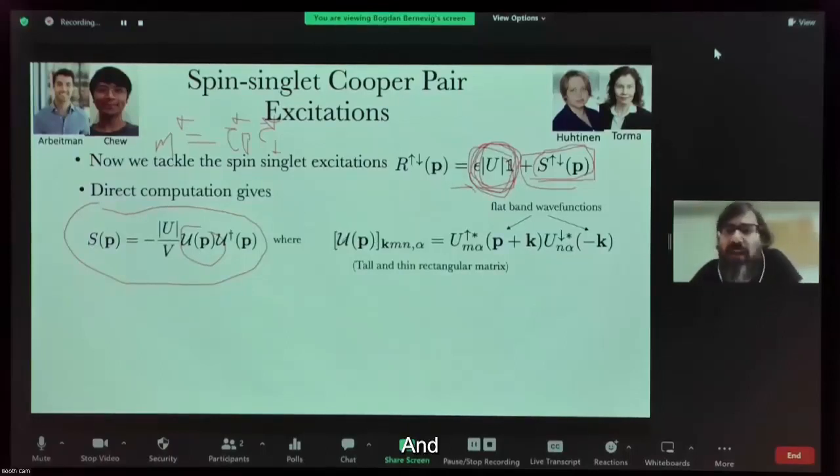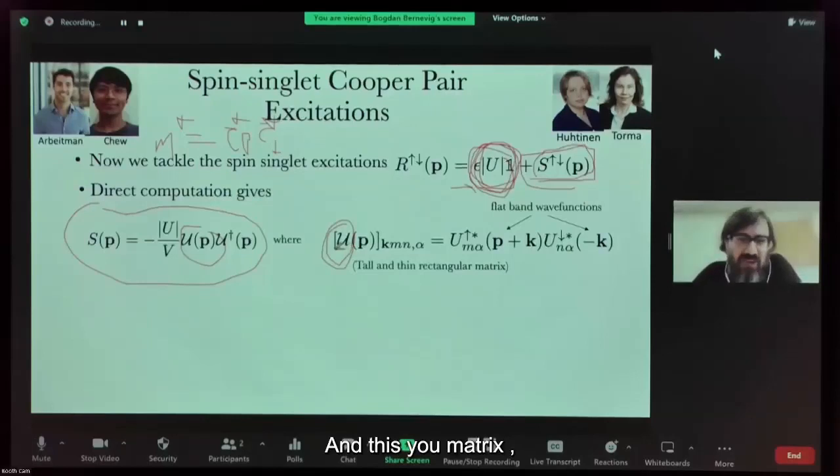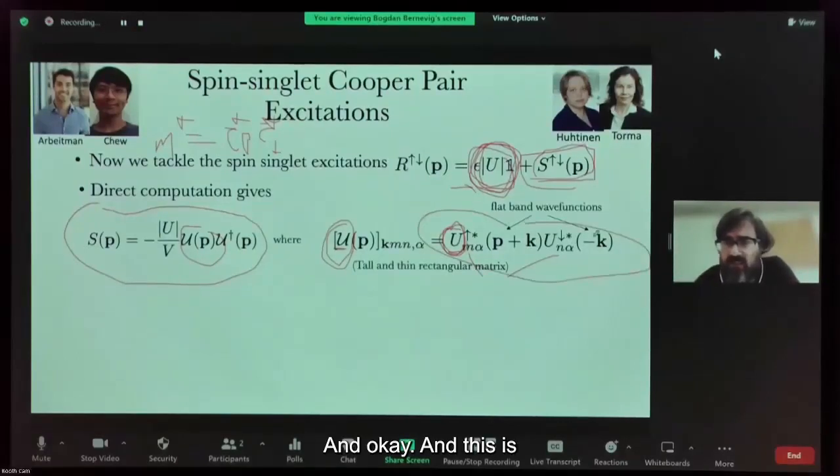Okay, and this U matrix, this calligraphic U, which I should not confuse with this normal U, is the eigenstates of the flat bands. So m and n run over the flat bands. Okay, and this is this matrix. And you see spin up and down, the star, because we use time reversal. Anyway, you get this matrix, and as I said, it's negative semi-definite.